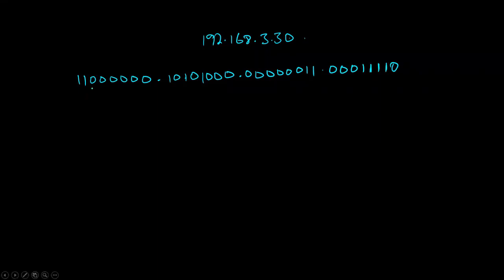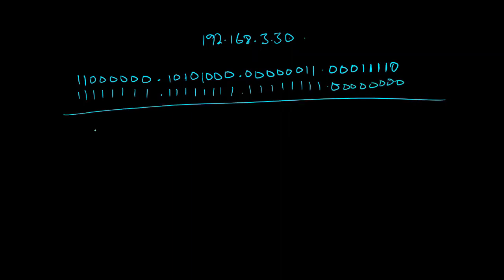And then its own subnet mask, PC1's subnet mask was all 24 ones: 1, 2, 3, 4, 5, 6, 7, 8, 9, 10, 11, 12, 13, 14, 15, 16, 17, 18, 19, 20, 21, 22, 23, 24. Others are zeros. And then it will add these two. It wants to know, is this guy on my network?